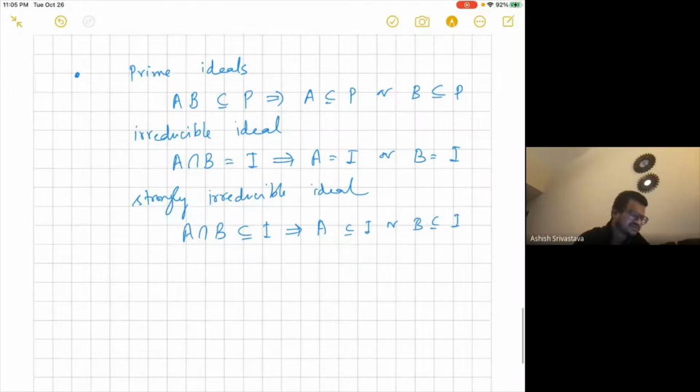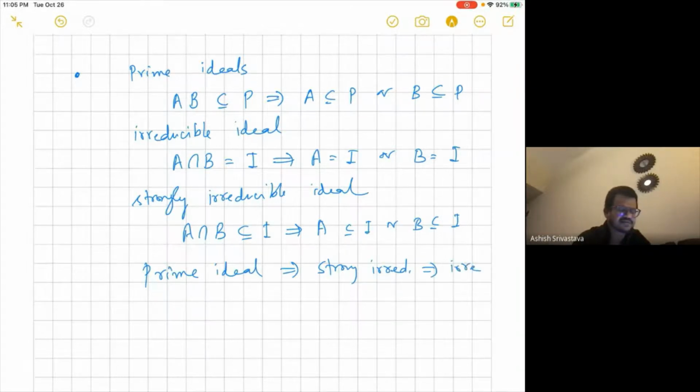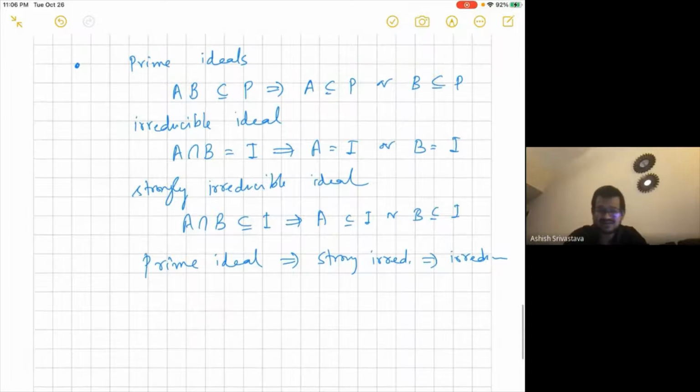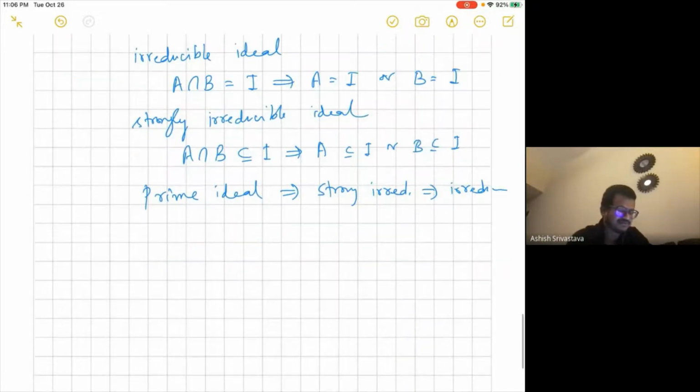It's not too difficult to see that every prime ideal is strongly irreducible, and every strongly irreducible ideal is irreducible in any ring, right? However, in an arbitrary ring, you can quickly find examples where this doesn't go back.